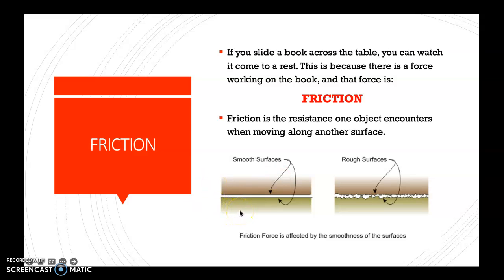That's why it's an unbalanced force, because there's always going to be a little bit of friction counteracting it. With friction, the rougher the surface, the more friction you're going to have versus a smooth surface. That's why it is so hard to walk on ice, because it is so slippery. Your feet can't get traction. Whereas if you're walking on the road, you have a lot of traction because of the rough surface of the pavement.